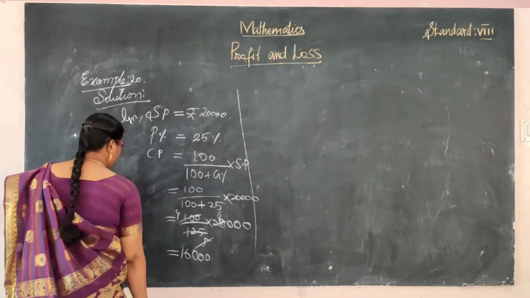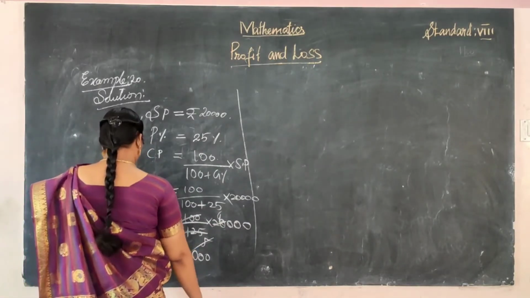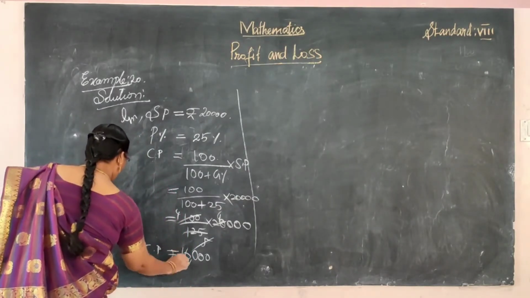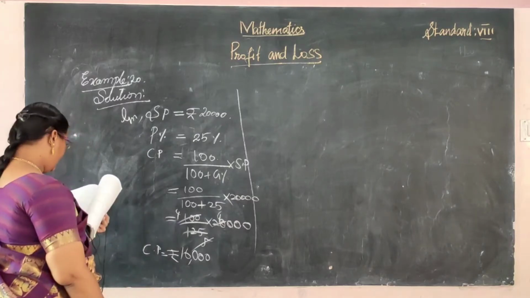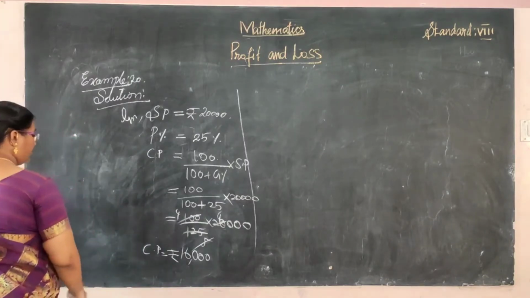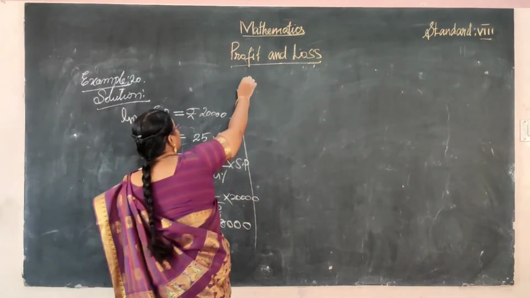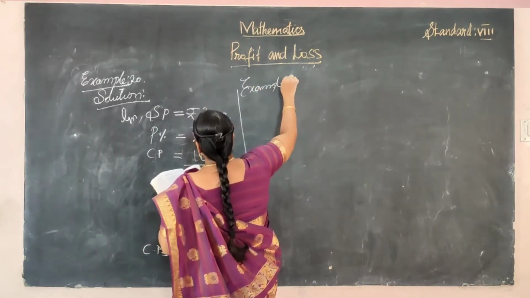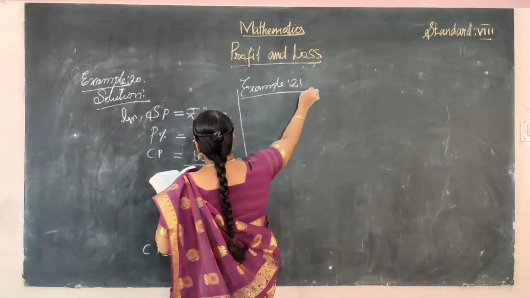Add 3 zeros. So the cost price is rupees 16,000. That's all. And next example 21.